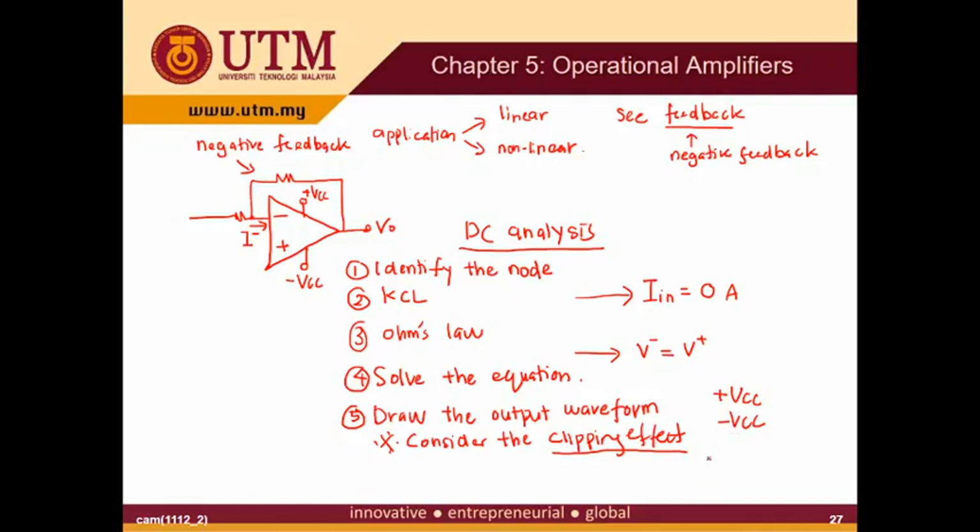If the output value exceeds plus VCC or is much lower than minus VCC, there will be a clipping effect. So this is the summary of how we do the DC analysis of an op-amp circuit.